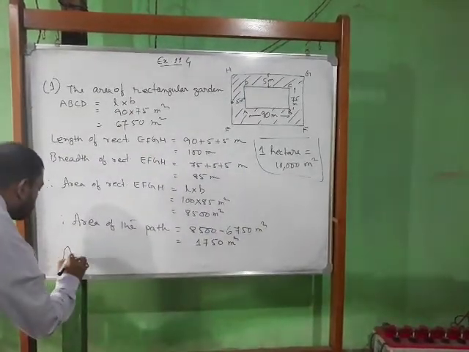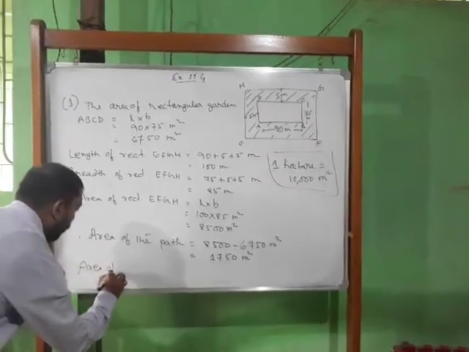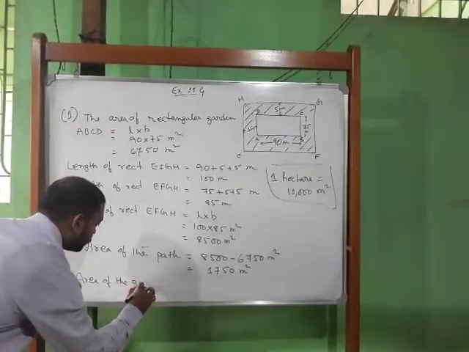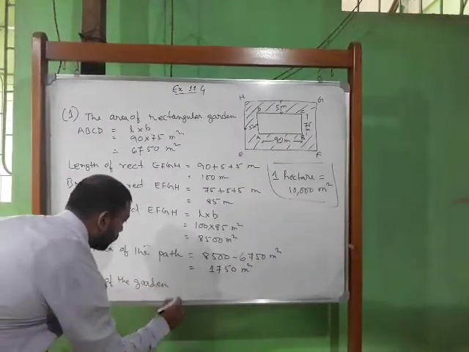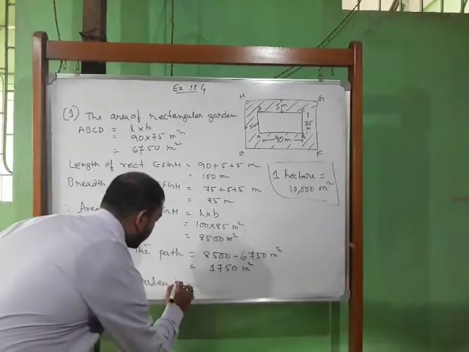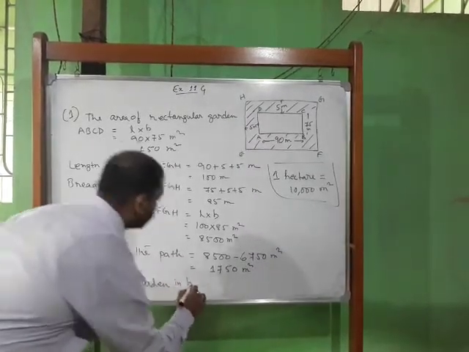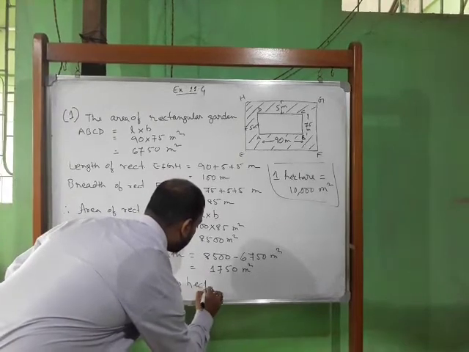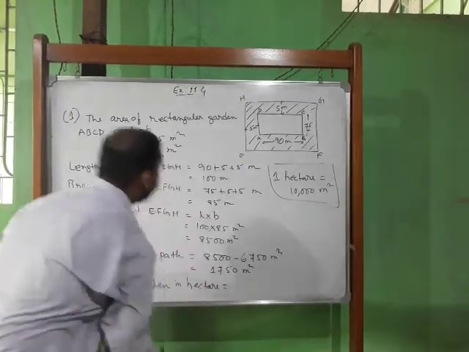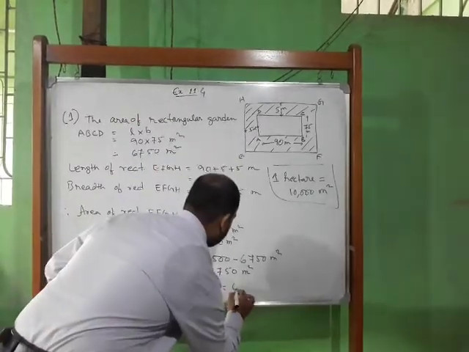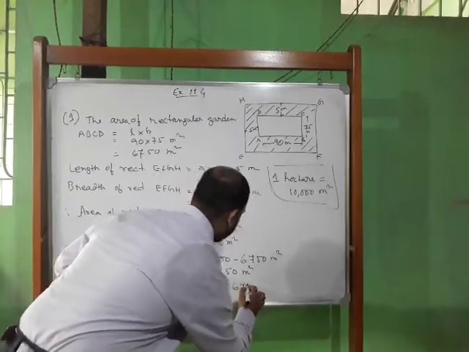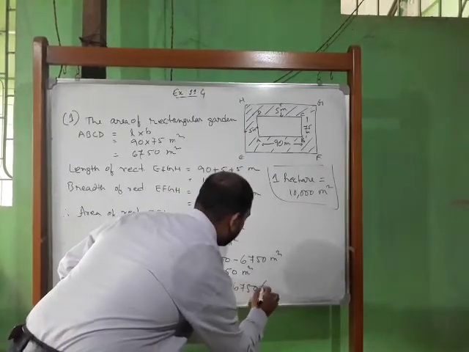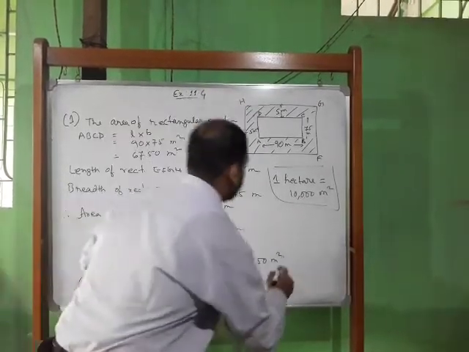The area of the garden in hectare is 6750 divided by 10,000.